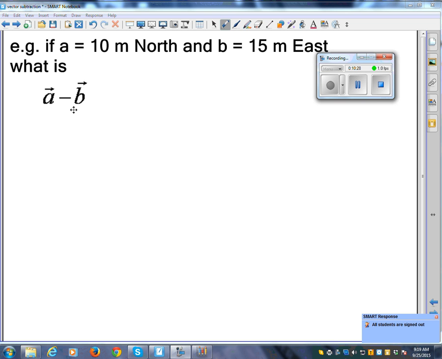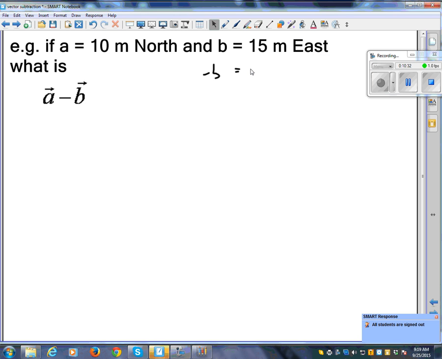So negative B is not going to be 15 meters east. It's going to be 15 meters west. And then we're right back to where we were yesterday, adding, right? So north 10, 15 west. By the way, west is to the left. Still a few people struggling with that.